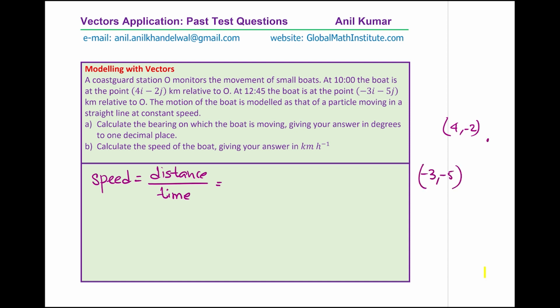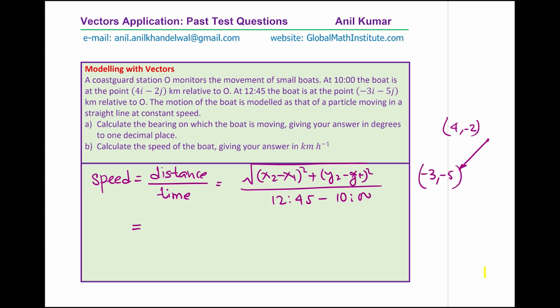So we are moving from this to this. So the distance is basically the square root of x2 minus x1 whole square plus y2 minus y1 whole square. And the time in this particular case is the difference, which is 12:45 minus 10 a.m. Is that clear to you?